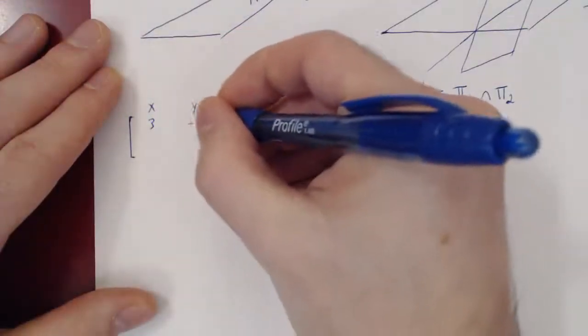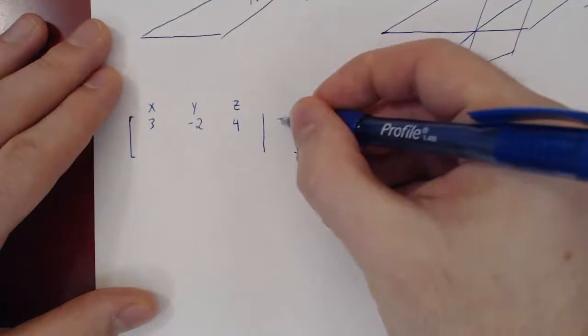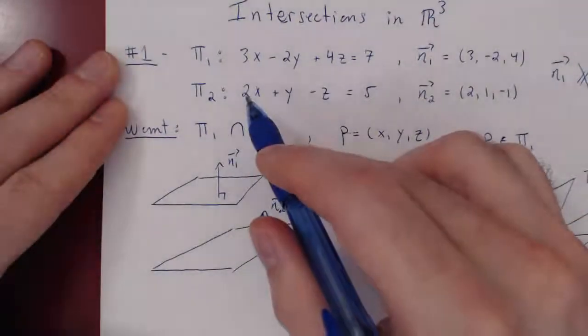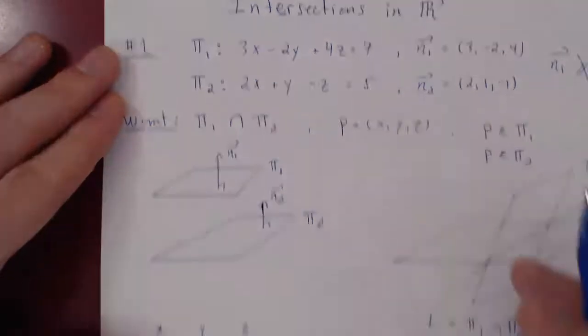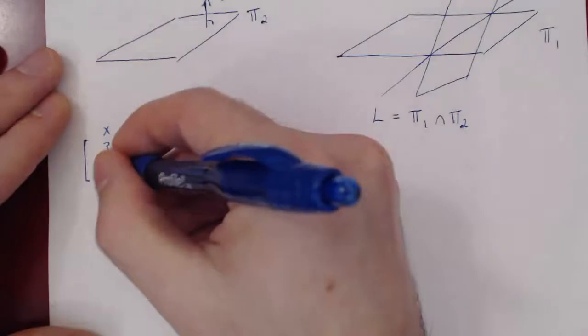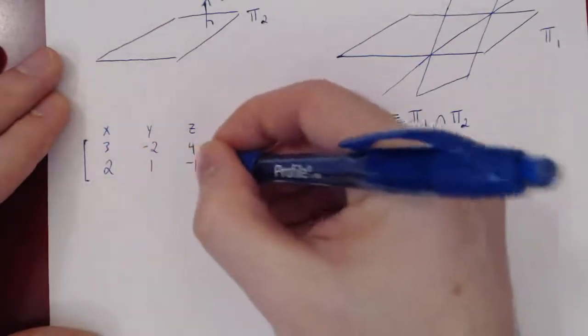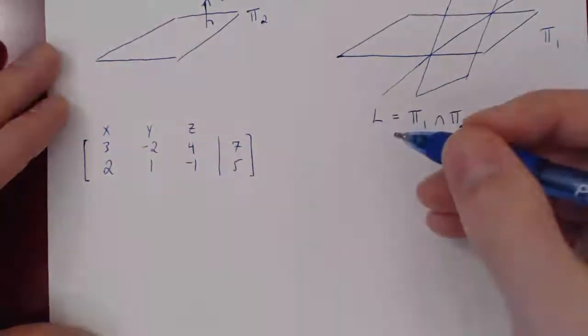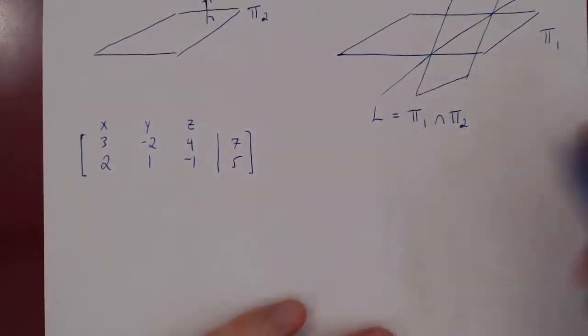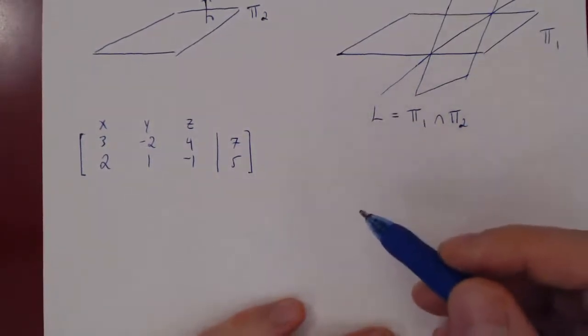The second equation has coefficients 2, 1, negative 1, and a constant term of 5. Let's row reduce the system, and we'll find the equation of our line.